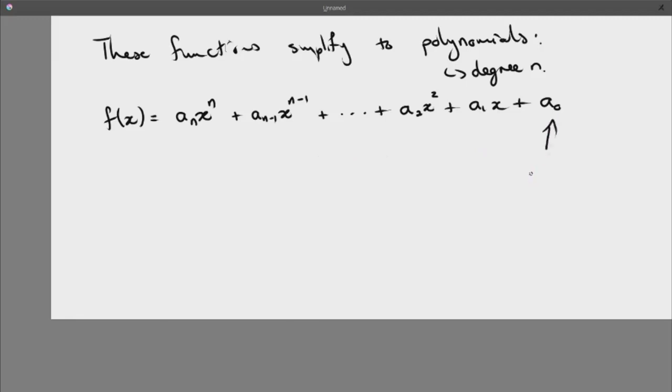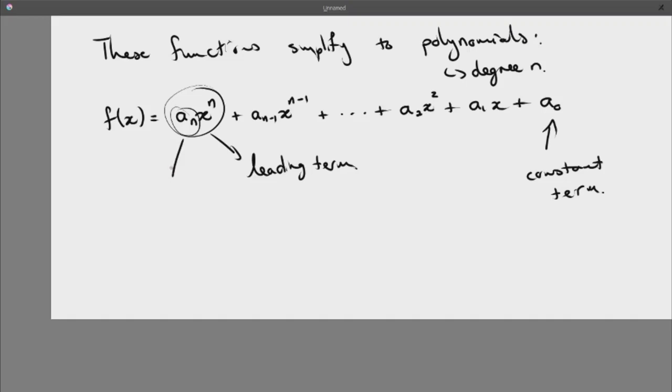This last one here, just a number, is called the constant term. This is called the leading term. This little a in front is called the leading coefficient. And those are all the words I need to know.